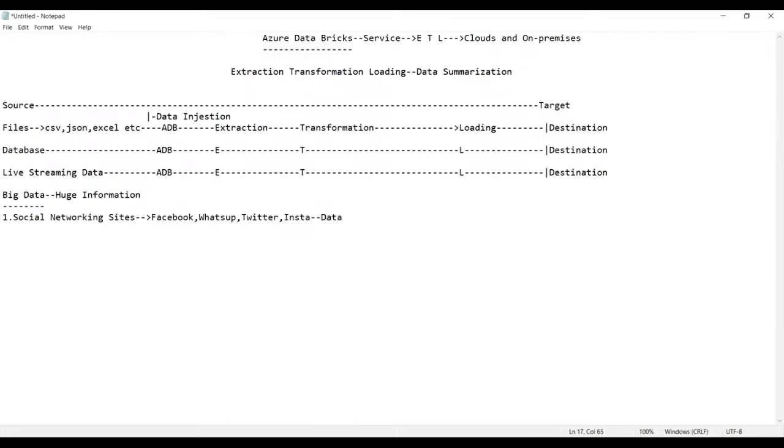So basically this is a business, and from the business we get the data. We put the data in the form of files or whatever type you have. These files we get into ADB, Azure Databricks, and perform the job of extraction, then transformation, then loading.